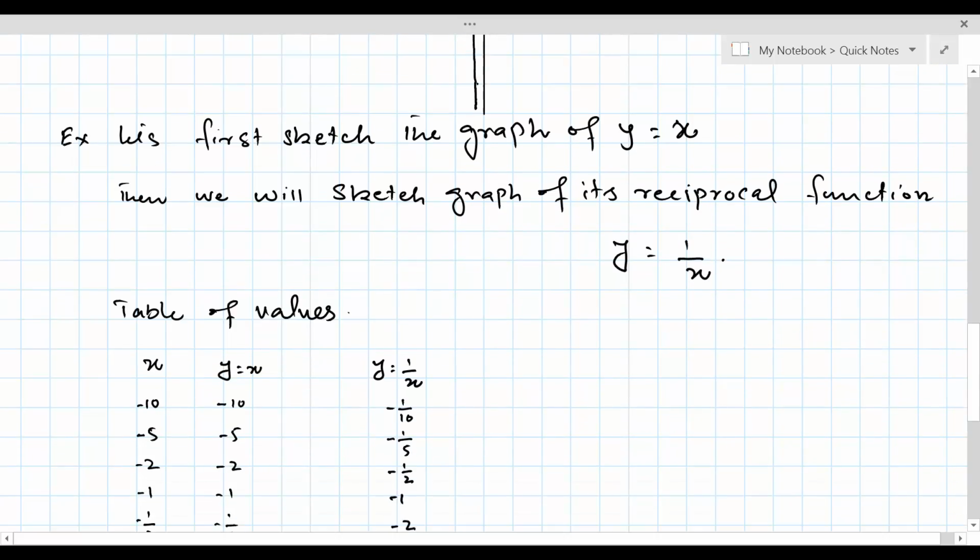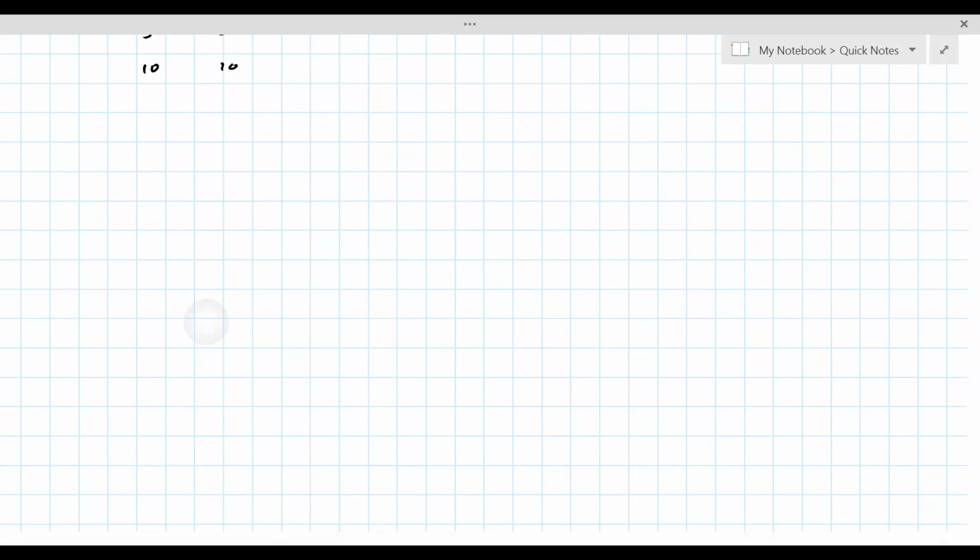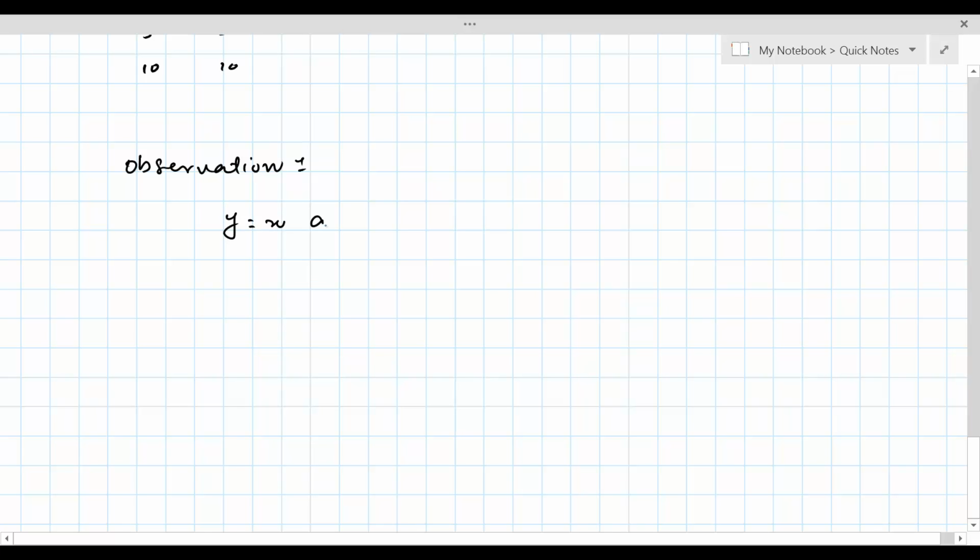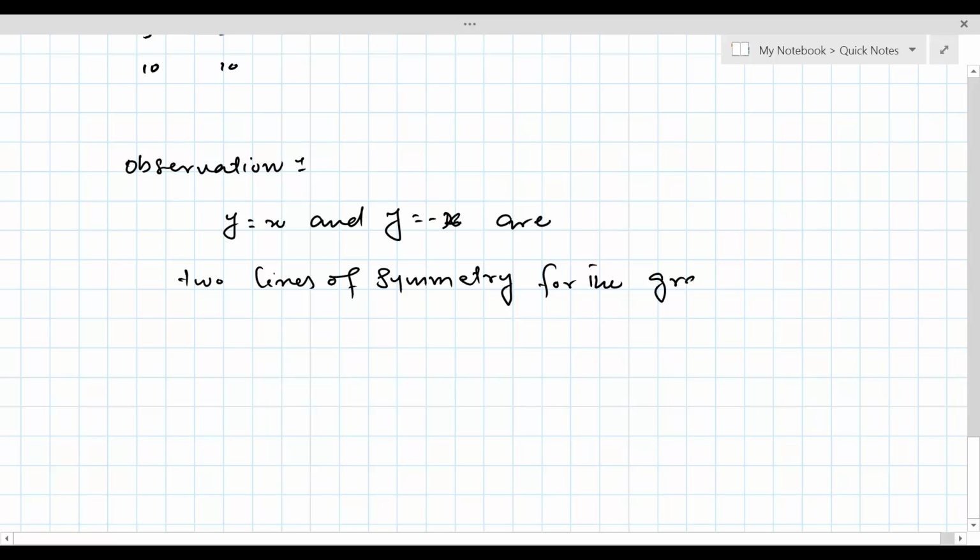So now you can make a few observations here. Observation 1: y is equal to x and y is equal to -x are two lines of symmetry for the graph y is equal to 1 over x.